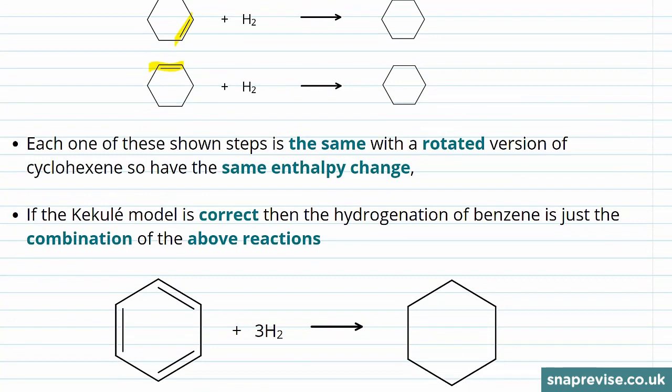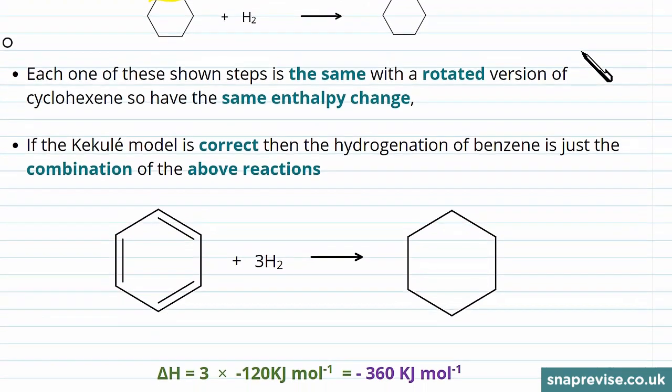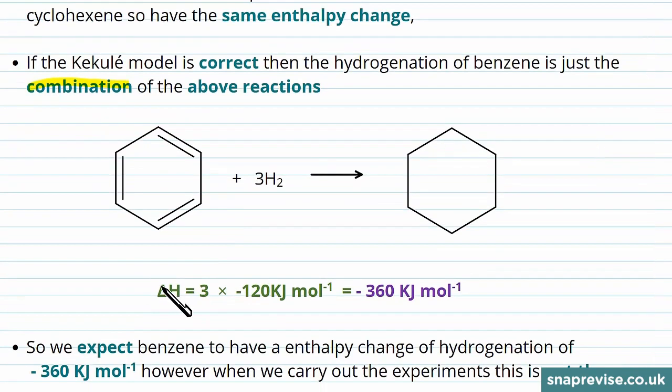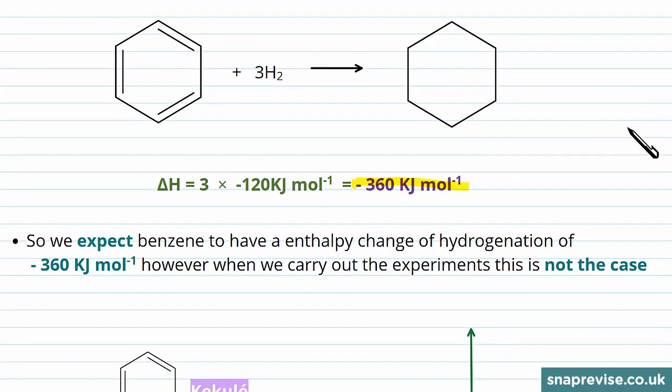Because the Kekulé model just shows benzene as a combination of all the above cycloalkenes into a triene. So, for example, if Kekulé's model held up, then we would have the three enthalpy changes from above at minus 120 kilojoules per mole, and the total enthalpy change should be found at minus 360 kilojoules per mole.